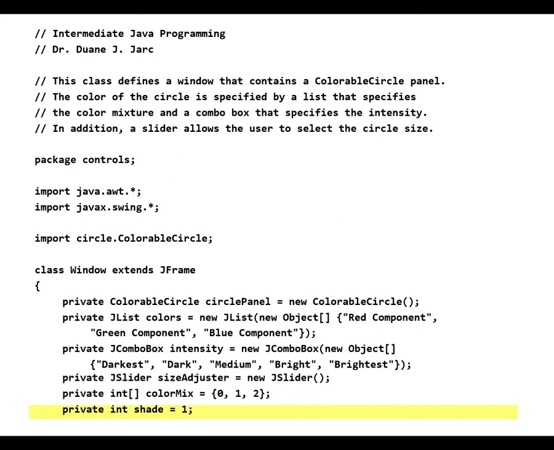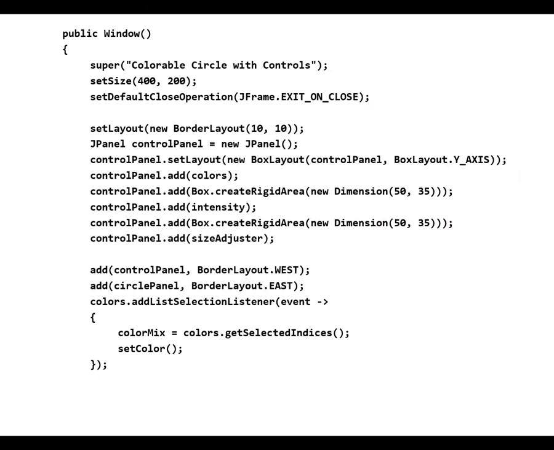The variable shade will be a value that corresponds to the intensity. Its initial value of 1 corresponds to darkest. Let's scroll down to the constructor. The control panel will contain the combo box, list, and slider. We are using a layout manager that we have not used before, which is box layout.